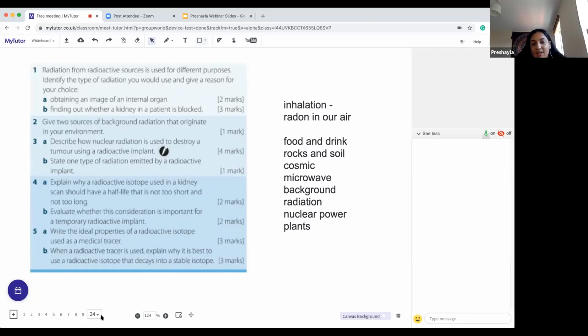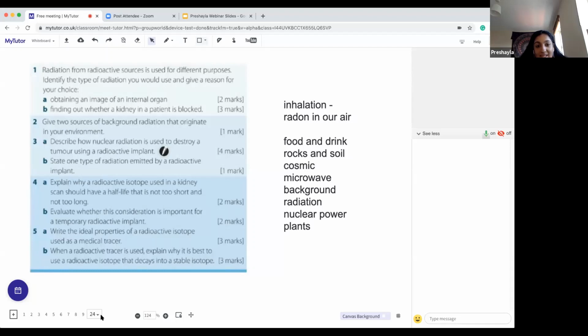And that's the same with any isotope being used in medicine. It needs to be long enough so that we can detect it and take a picture of it. So it needs to be long enough so that we can detect it before it decays, but it needs to be short enough so that it can decay after we've taken the image and not harm the patient and not stay in there for a long time.